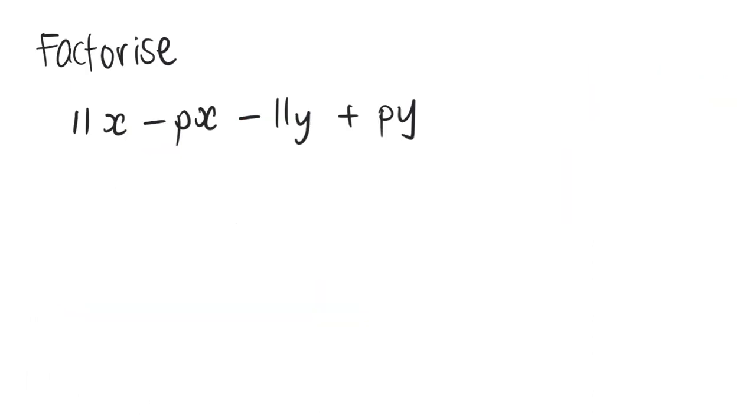Hello everyone, welcome to this video where we are required to factorize the following. I see 4 terms, so I'm going to look at these 2 terms. And I saw there is a common factor x. I take out x as the common factor. I'm left with this. And I will look at the other group.